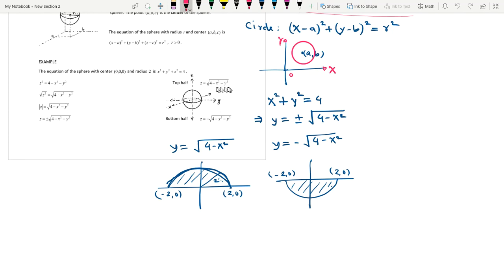This equation represents the top half of the sphere. Similarly, this equation represents the bottom half of the sphere.